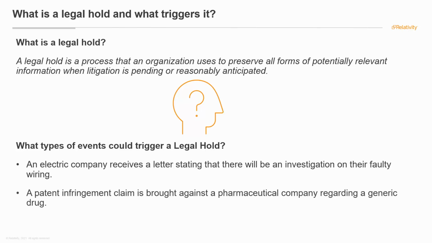Another example scenario: a pharmaceutical company is producing a generic drug that looks a lot like another pharmaceutical company's drug, so a patent infringement claim is brought against that company.